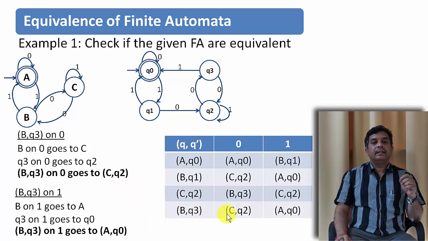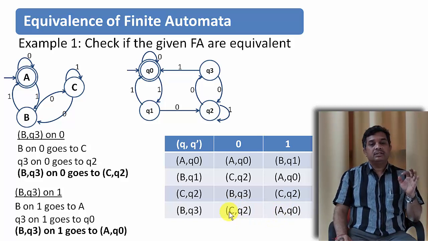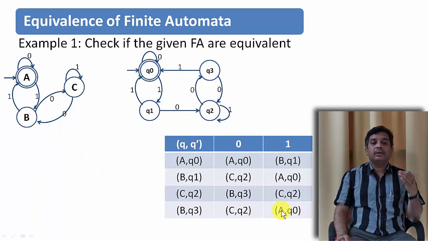Again you check whether both of them are final states or both non-final states. Both C and Q2 are non-final states and both A and Q0 are final states. And you can see here, whatever state appeared here, we already got all those things here. AQ0 already there, BQ1 already here, CQ2 already here, and BQ3 already here.